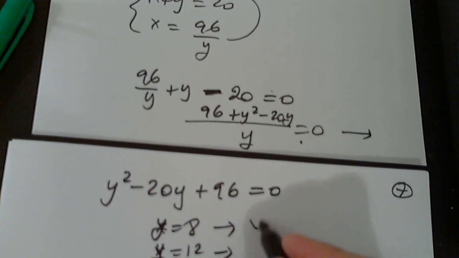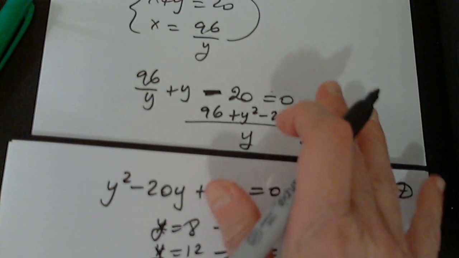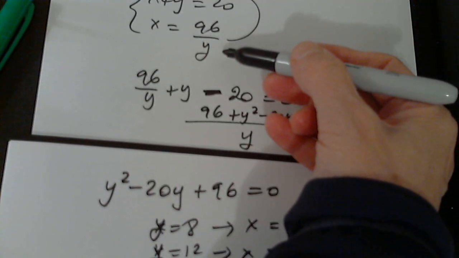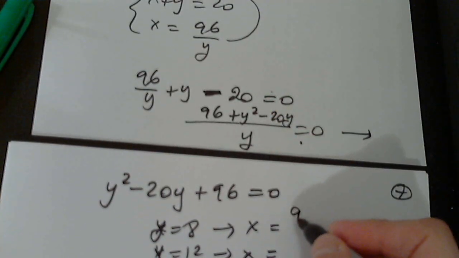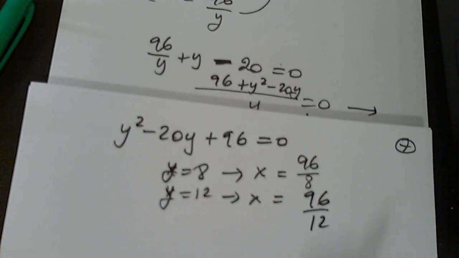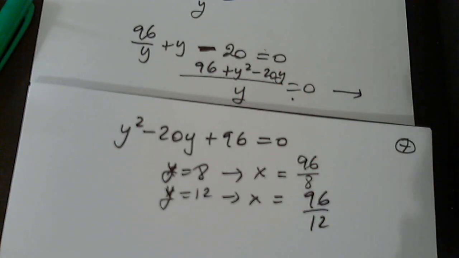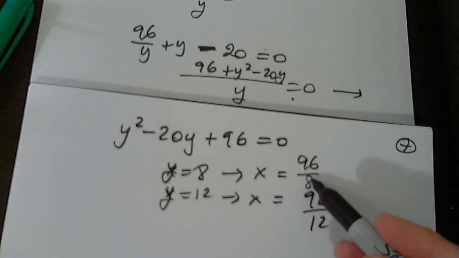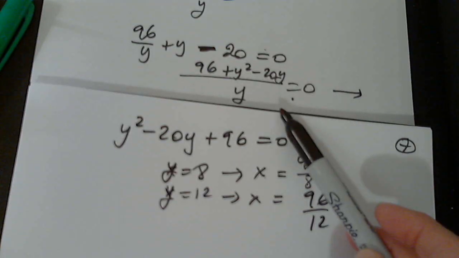From here, I have to find x. But I know that x is 96 over y. So 96 divided by 8 and 96 divided by 12. Okay, so it was 96.